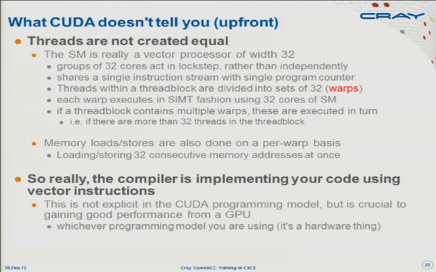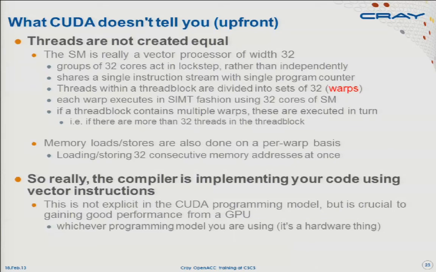Because there's 32 cores sharing an instruction stream. So these are vector instructions. Your code is implemented as vector instructions, and each vector is then executed by a group of 32 cores together. So these 256 threads are really not 256 threads. They're 8 subgroups called warps of 32.